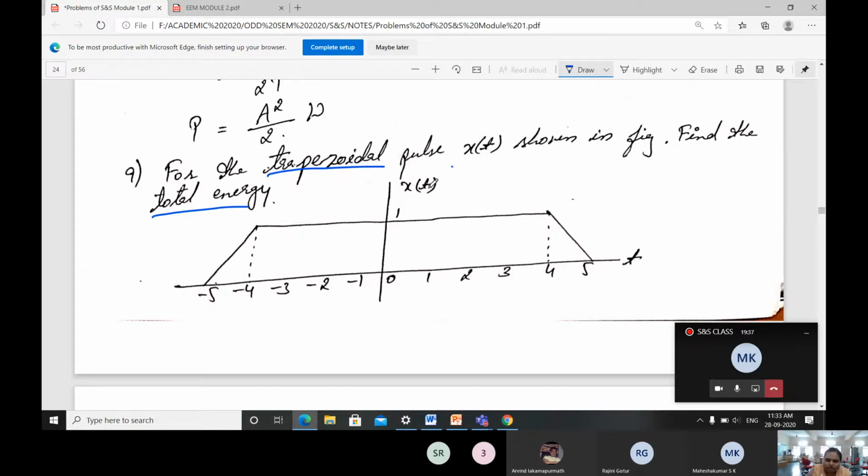What we have to do? First, observe the pulse and then divide the whole pulse in terms of lines. It will be easy. There are two methods I can go for: by using the line equation, or by using the areas, that is the area of a triangle.